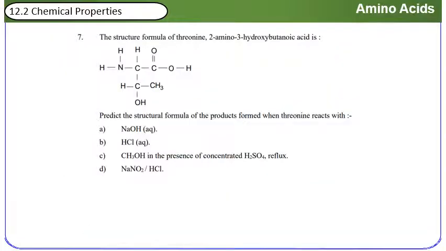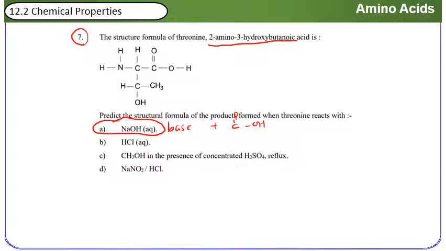Okay, continue with tutorial question number 7. The structural formula of threonine, 2-amino-3-hydroxybutanoic acid, is given below, and now it reacts with NaOH. We know NaOH is a base, so basically it will react with the carboxyl group, or the acid.